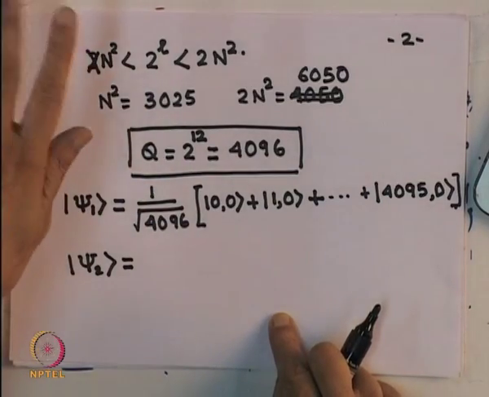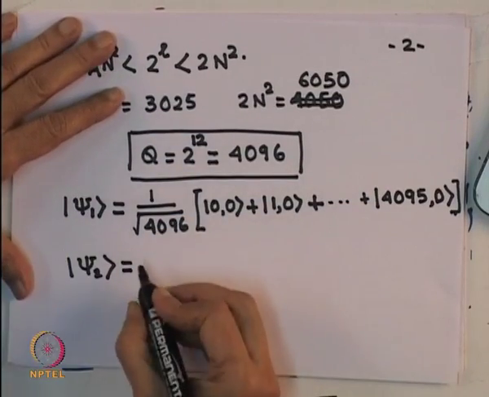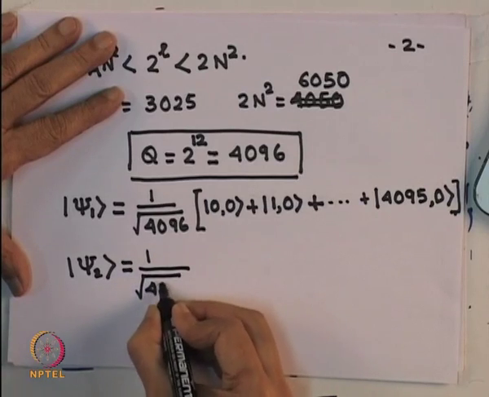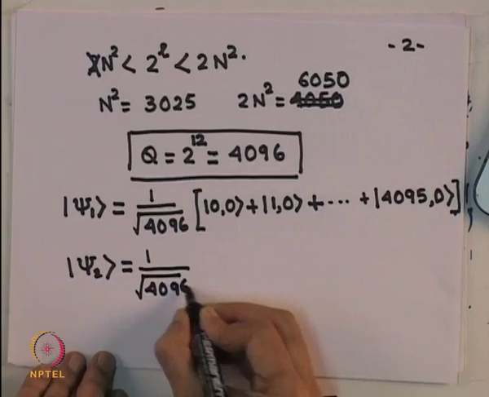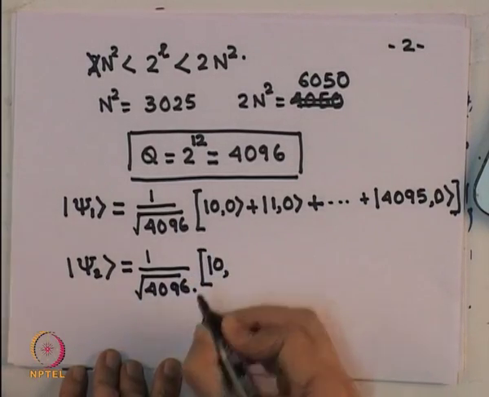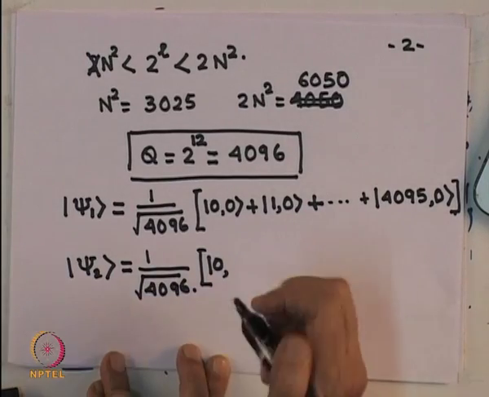And at that stage, I don't disturb the first register at all. So psi 2 will then be 1 over square root of 4096, times 0, 13 to the power 0, which is equal to 1.